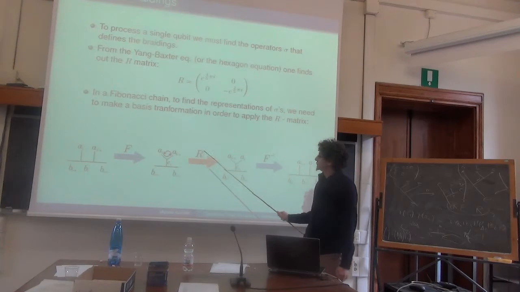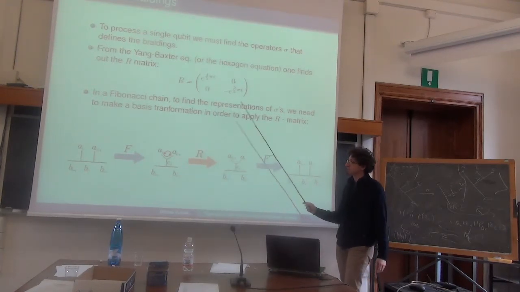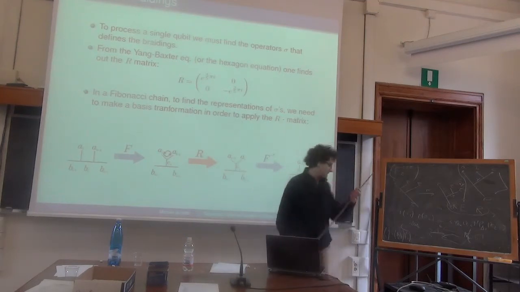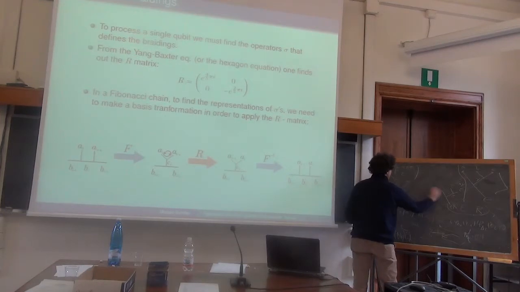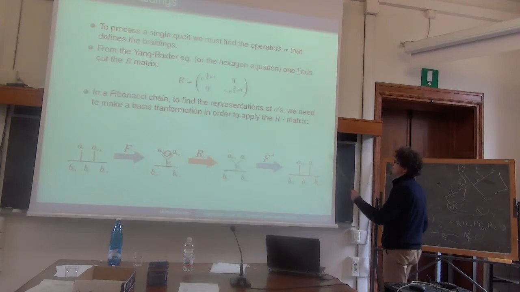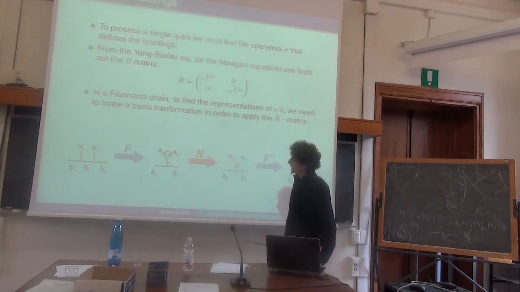Before explaining why this is the Yang-Baxter equation, let us consider that if I am in the situation where I have 2 Fibonacci anyons and they fuse either in the vacuum or in tau, then I may represent the R matrix in a diagonal way.